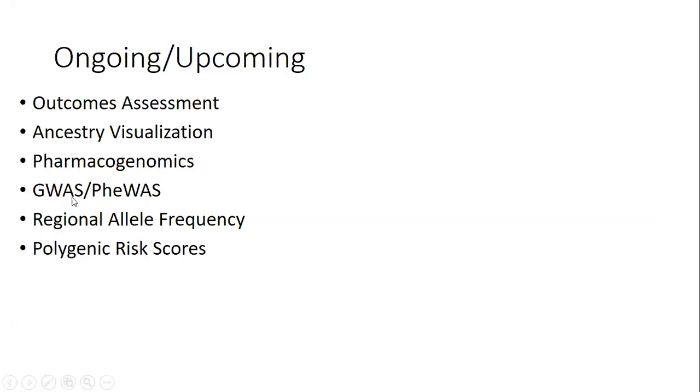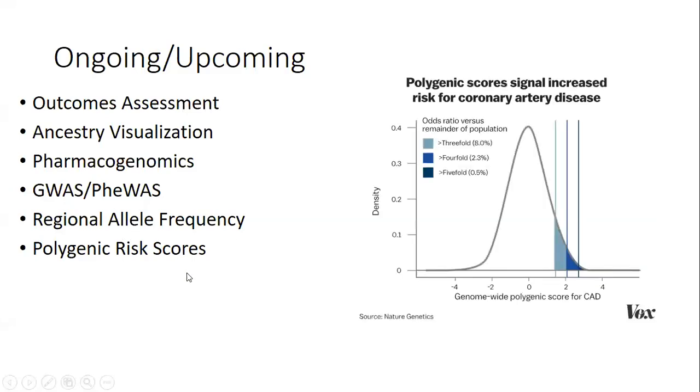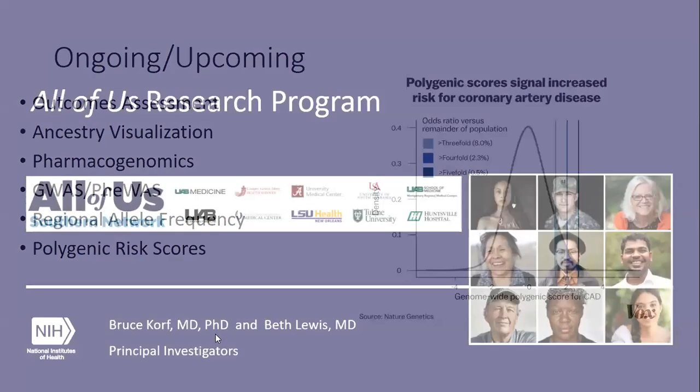We've set up a portal, which should be launched shortly, for doing these association studies. We have a database now of regional allele frequencies, and we are about to launch a polygenic risk score. This is an example of coronary artery disease, where high scores give you a very high probability of disease. And so our plan is to create a pilot to do that.